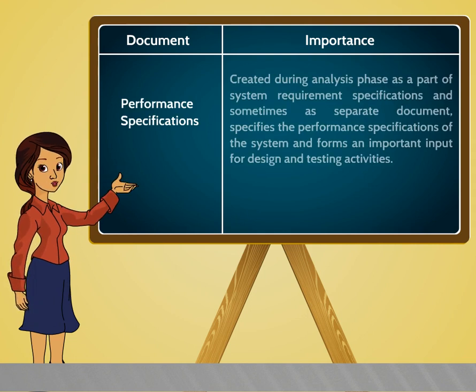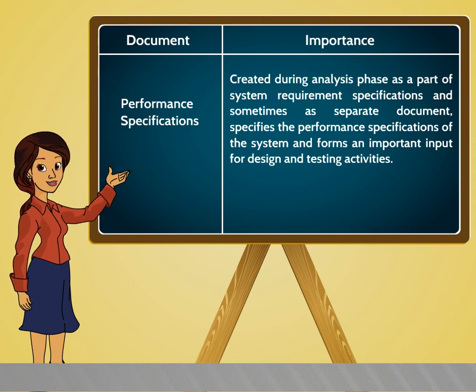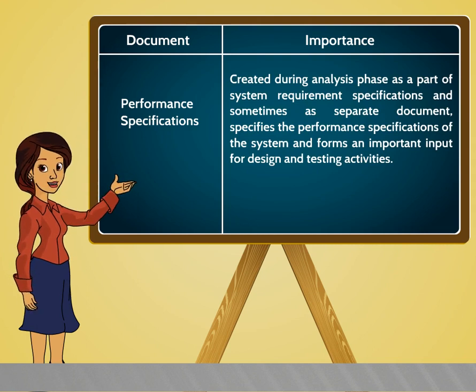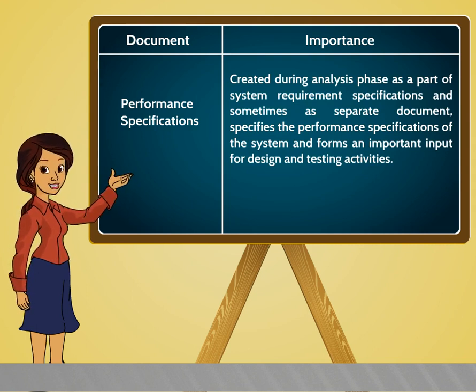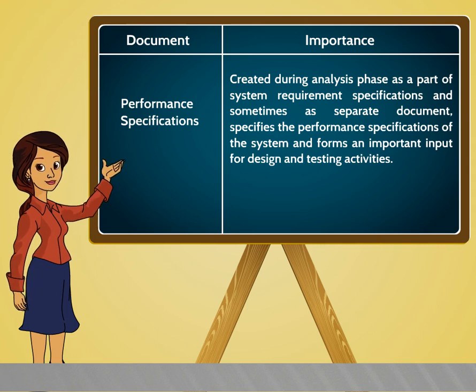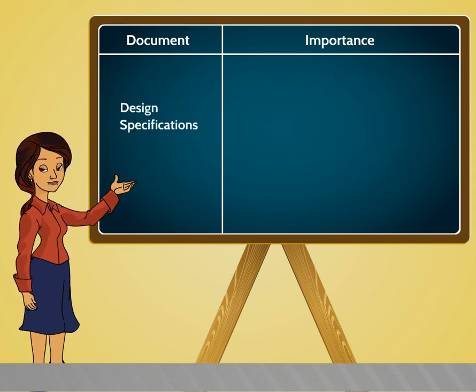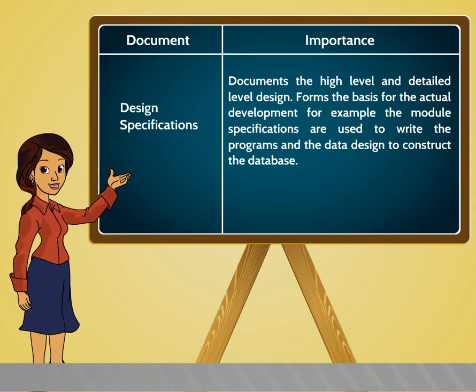Performance specifications. Created during the analysis phase as a part of the system requirement specification and sometimes a separate document, it specifies the performance specifications of the system and forms an important input for design and testing activities. Design specifications.